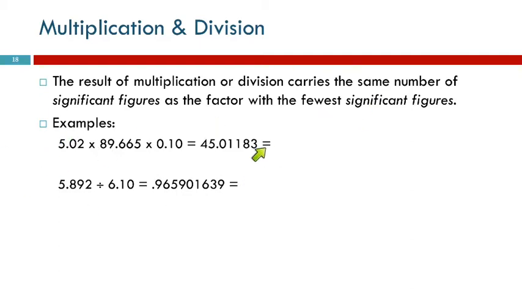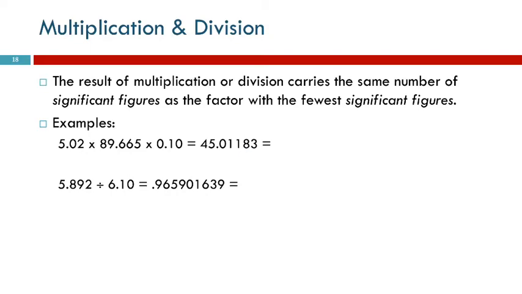So in these examples, here we have 5.02 times 89.665 times 0.10 equals, your calculator will give you something like that. Well, does that mean that this result has uncertainty way out here? Probably not.